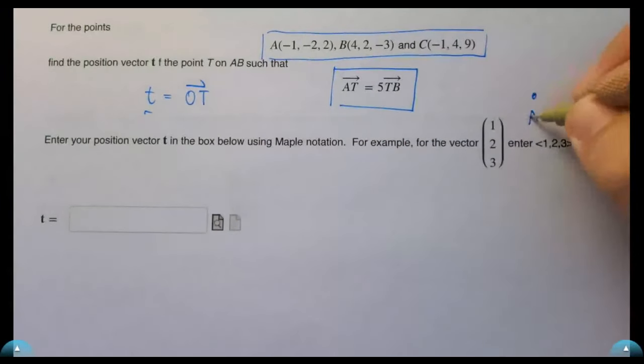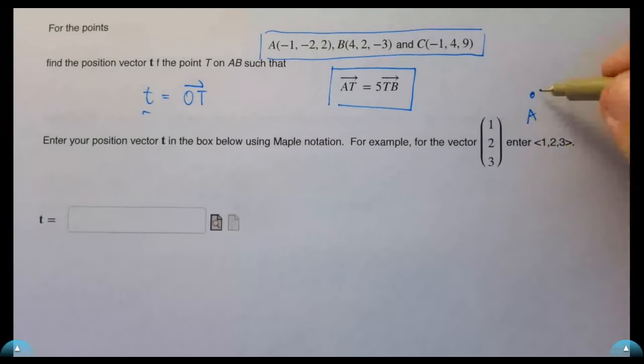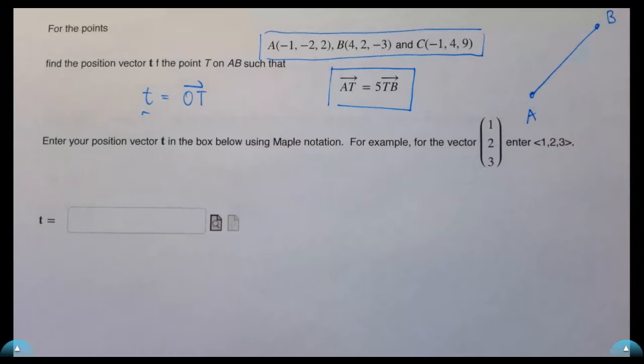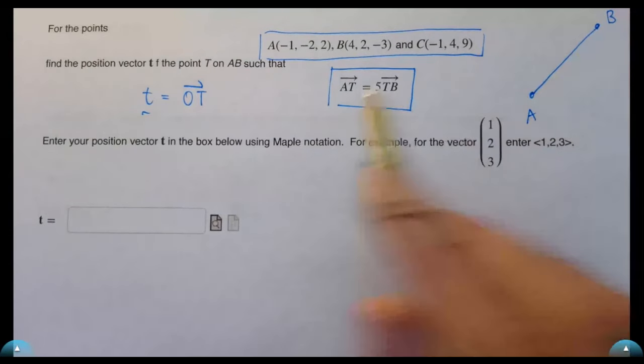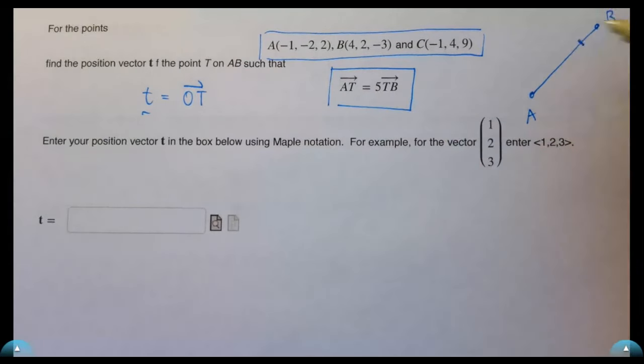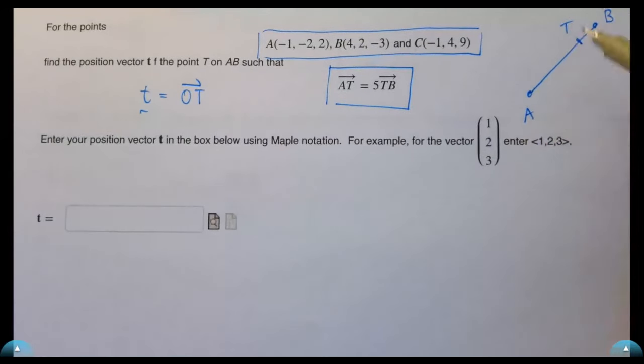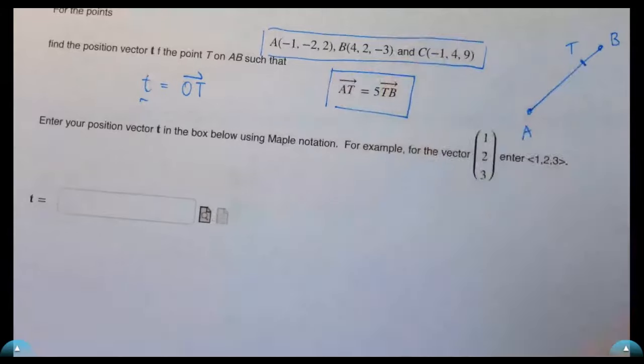So let me draw a little model here. Here's a line segment joining AB. And if I indicate the point T here, this length here is 5 times this length here. That's essentially what this is saying.